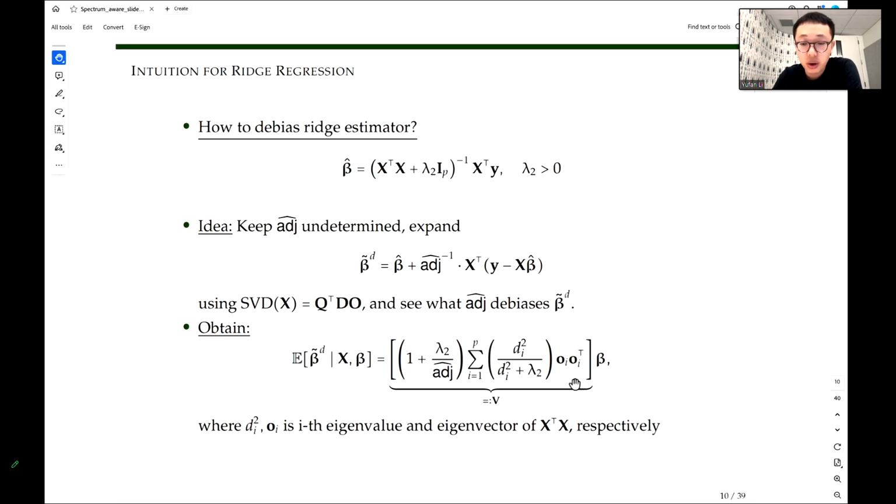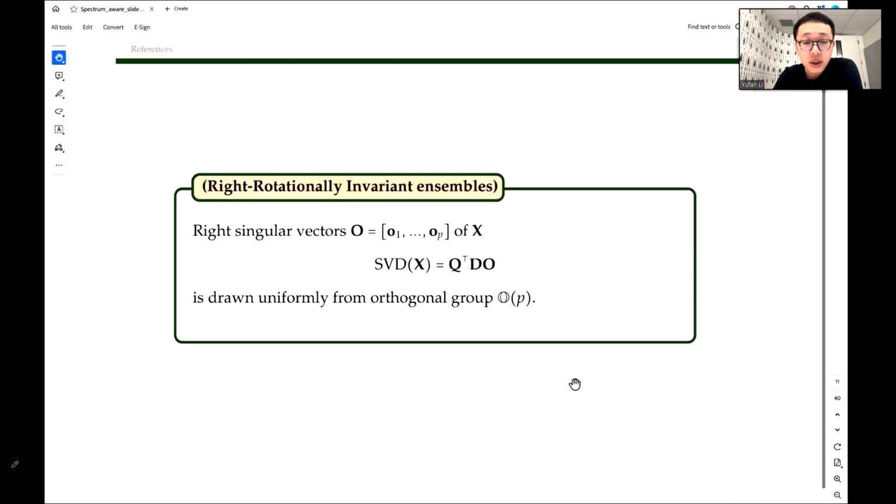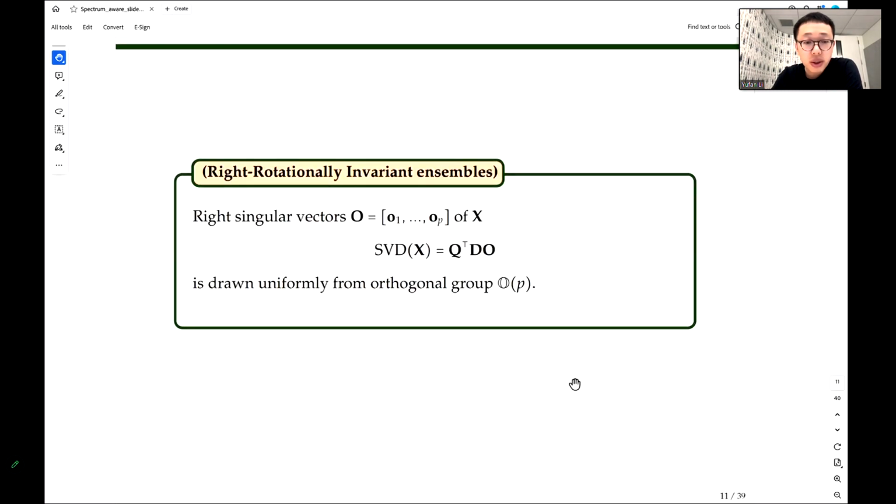If you just allow O_i to be anything, it will never work. So we need some assumptions on the O_i. The assumption is basically that these right singular vectors are drawn uniformly from the orthogonal group. Basically, when p is 3, I assume these 3 eigenvectors are uniformly rotated, sort of sampled from a sphere.